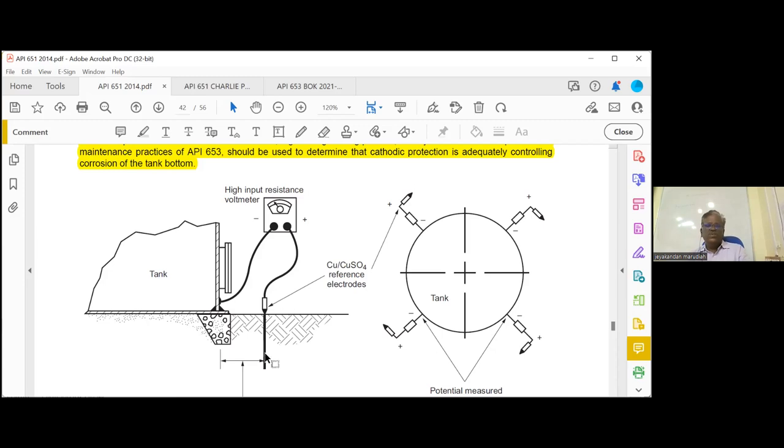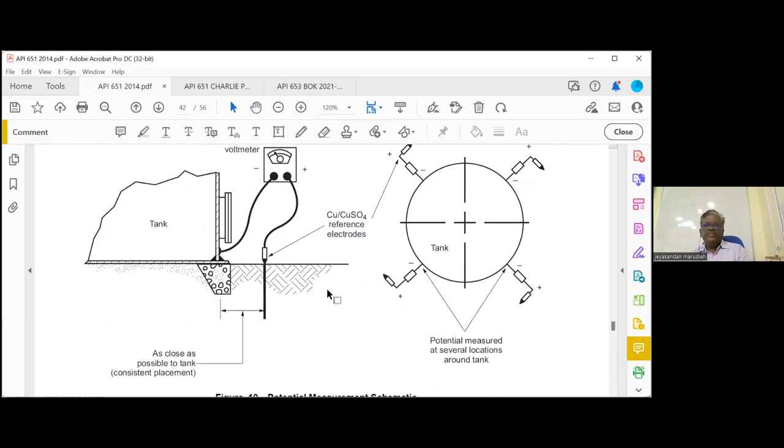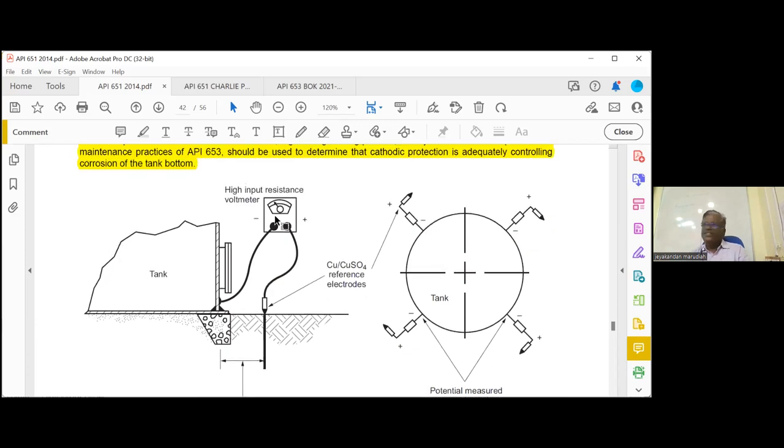So here, if we put the input at 850, there can be a 100 millivolt difference. So it should measure at least 750. That is the meaning of this. Yes, 750 millivolt we should say. Millivolt means 0.75 volt. Millivolt means one thousandth of a volt.